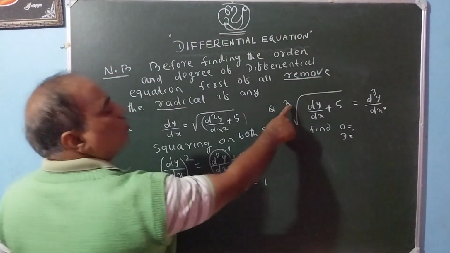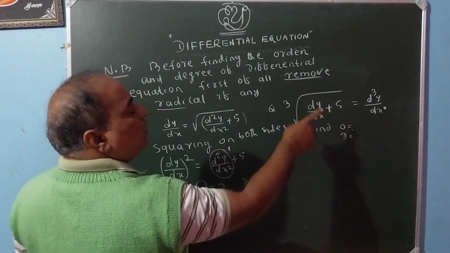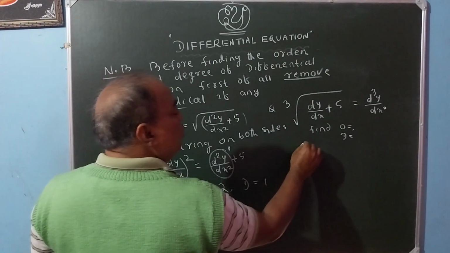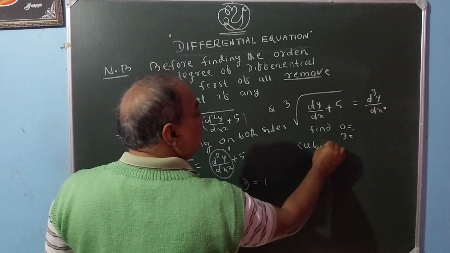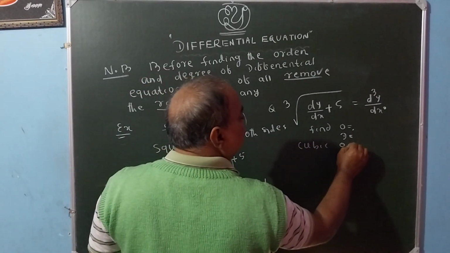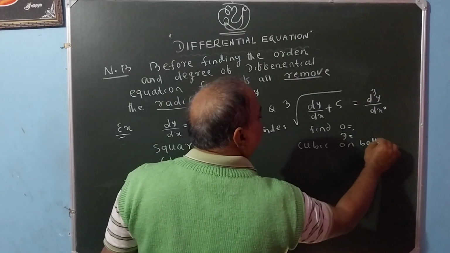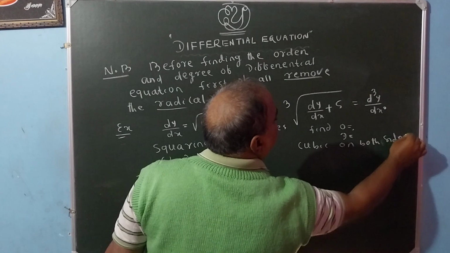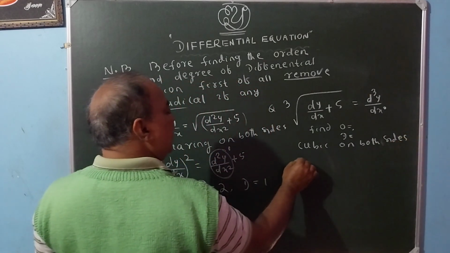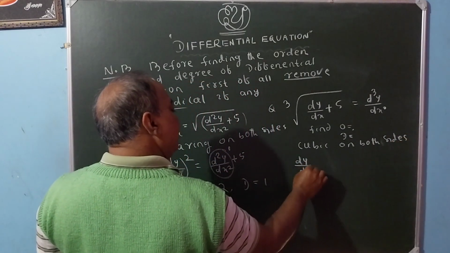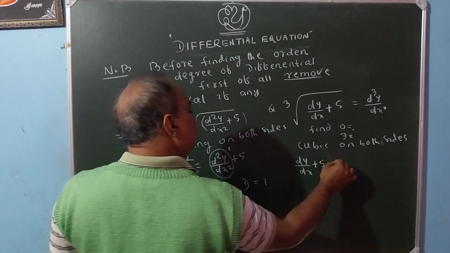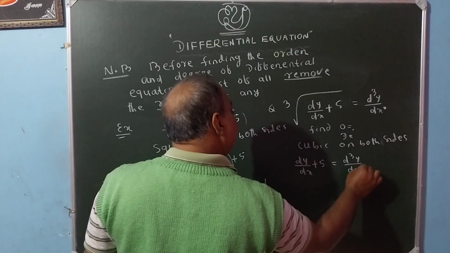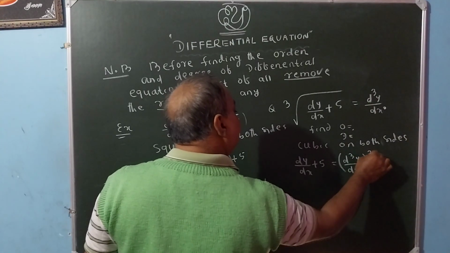Here it is a cube root, so first of all you have to remove the radicals. So cubing on both sides, we get dy/dx plus 5 is equal to (d cube y/dx cube) to the power 3.